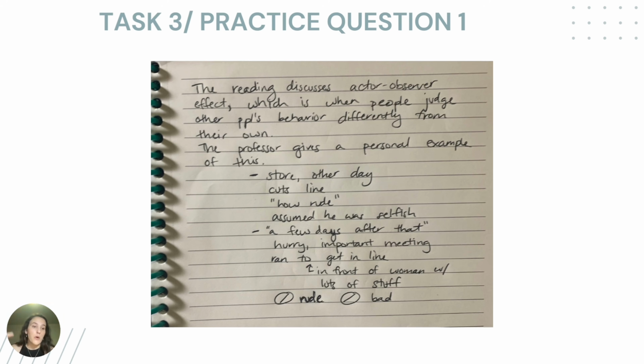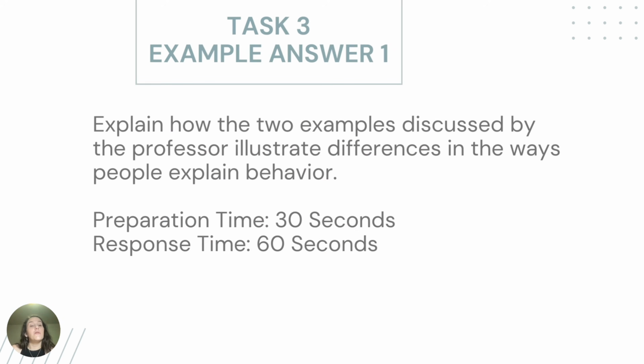And then the two parts of the professor's example and how do they illustrate the actor-observer effect. Now I'm going to give you the example answer. Let's pretend that I have prepared for 30 seconds. Remember that preparation time is very important. You really want to analyze your notes before you speak in that preparation time to make sure that they are ready to go and that you're ready to go. Deep breath, 60 seconds. Here's the timer.